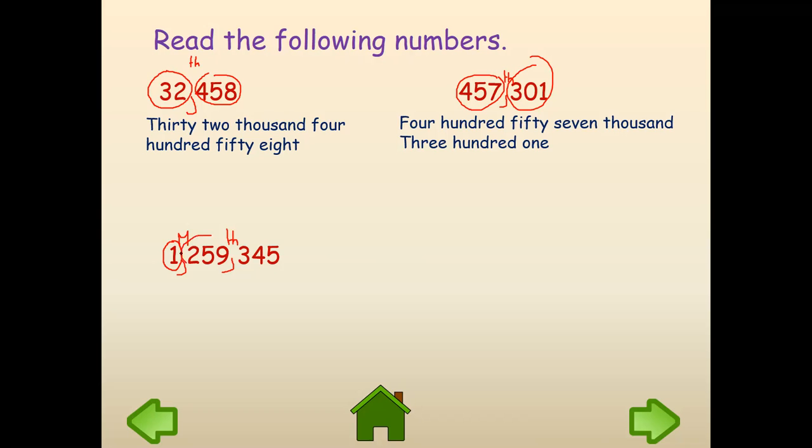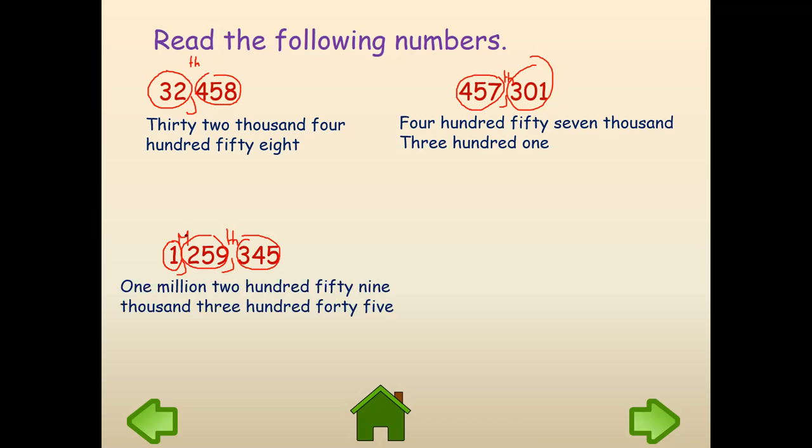Then, how do we read these 3 numbers? 259. What? 1,000. The second comma is read as 1,000. Then 345. So don't forget to place the 2 commas in order to say million and 1,000. So 1 million, we are in the millions class. 259,000, we are in the thousand class. 345.